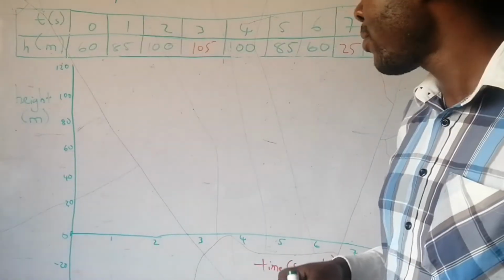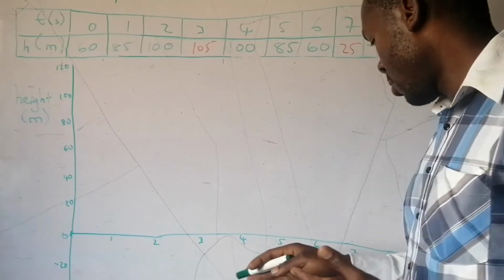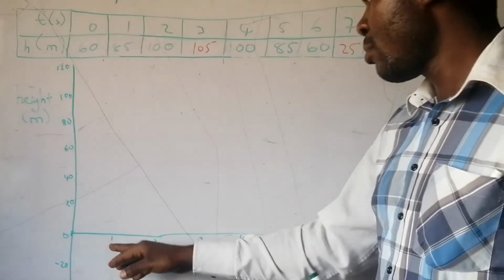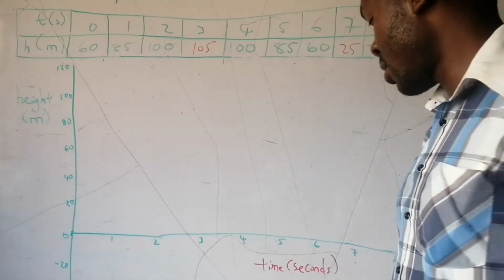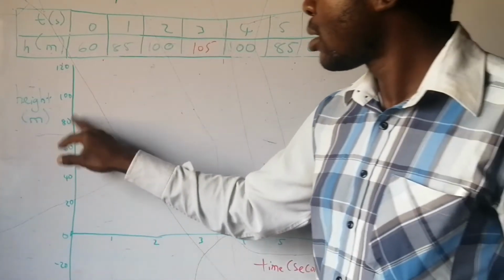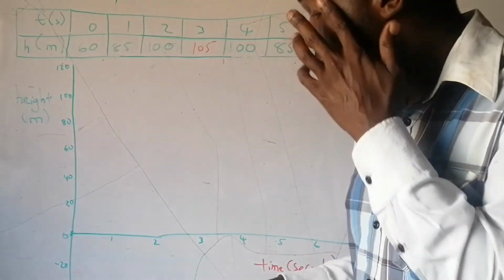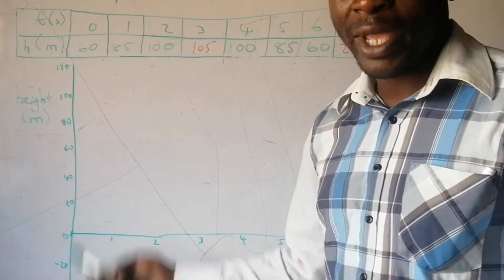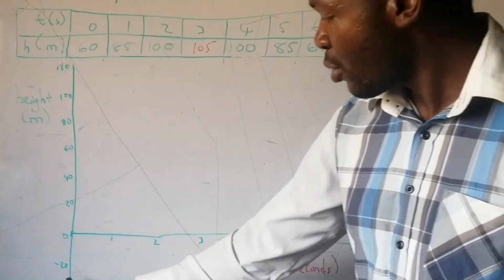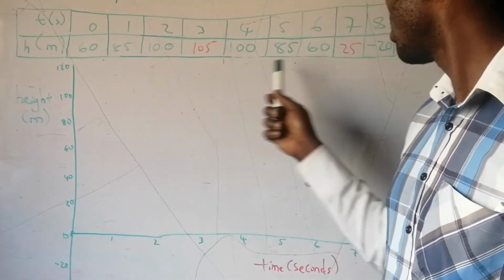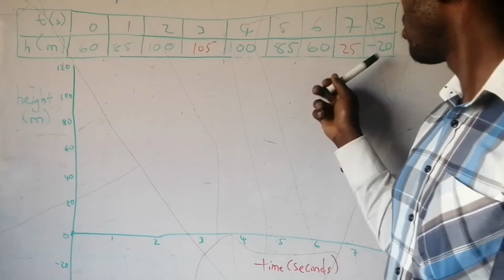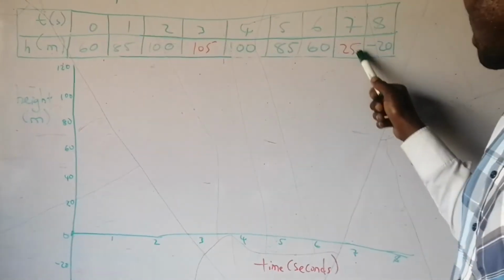Now to draw the graph, we are given a scale of 2 centimeters to represent 1 second on this axis. Then on the vertical axis, 2 centimeters to represent 20 meters. So we have to include minus 20 because it is part of the results here.